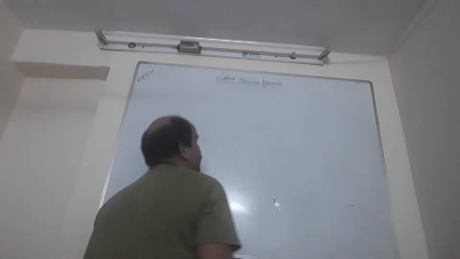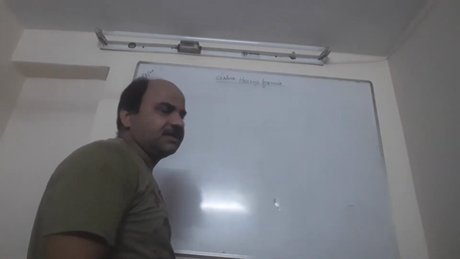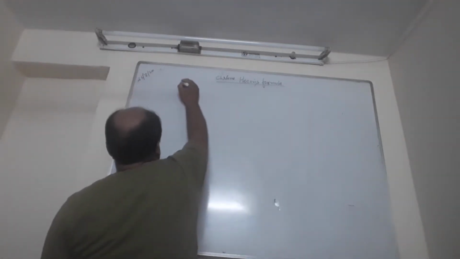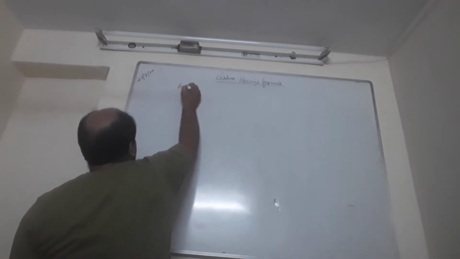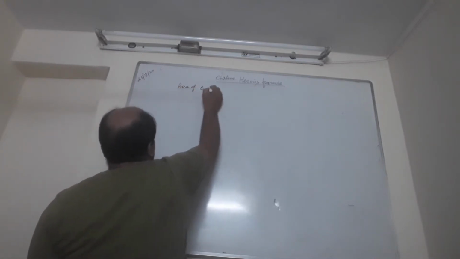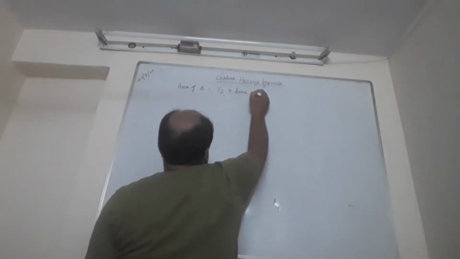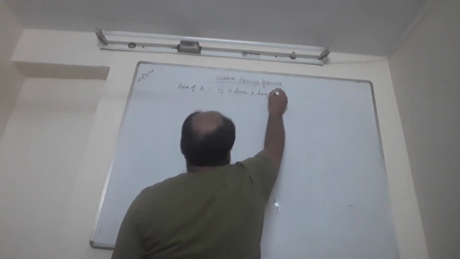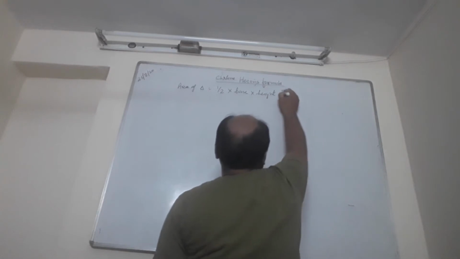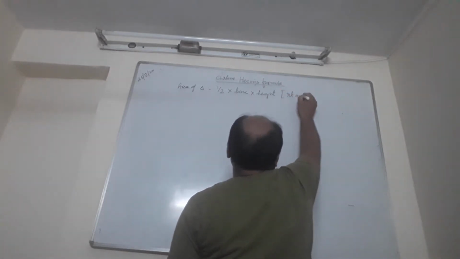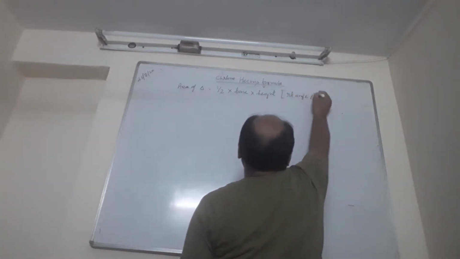So before starting this chapter, let us write the basic formulas of all the triangles, that is, area of triangle. One formula we know, half into base into height. So this is for right angle triangles.